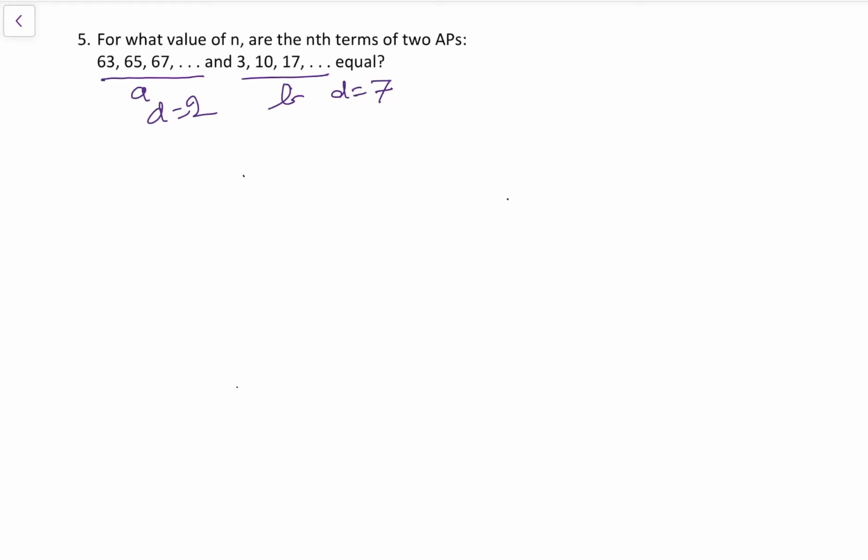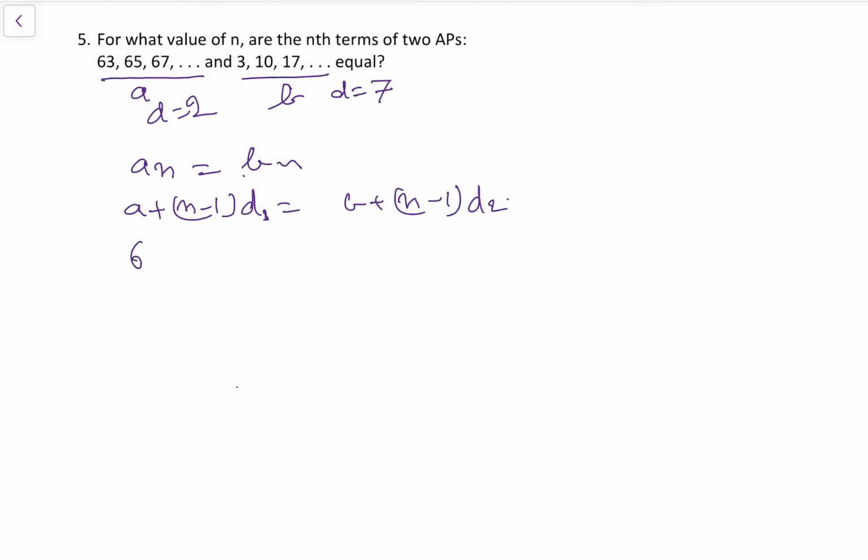Okay, so we can write for the A series, let's say AN is equal to BN for a certain number n. So for A we'll write A plus n minus 1 D1, is equal to B plus n minus 1 into D2.